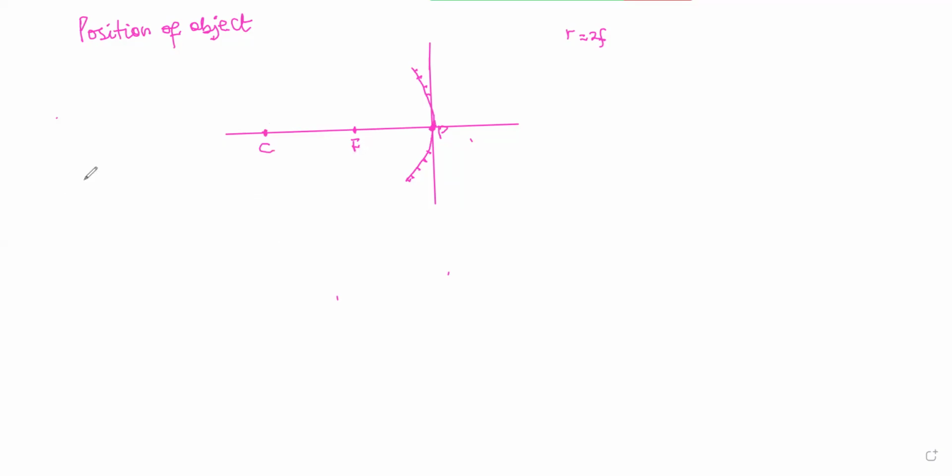So if we place the object between the pole and F, what will be the nature of the image? Placing the object between the pole and F does not necessarily mean placing it at the center. Any position between F and P is okay.